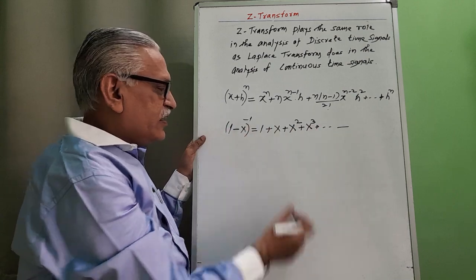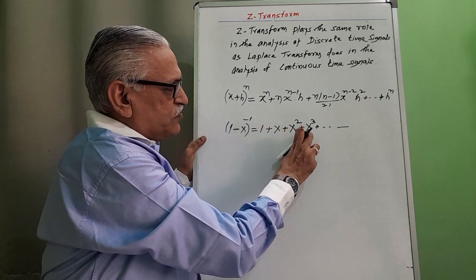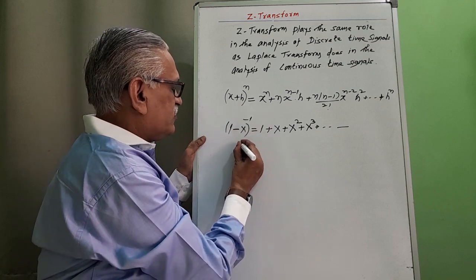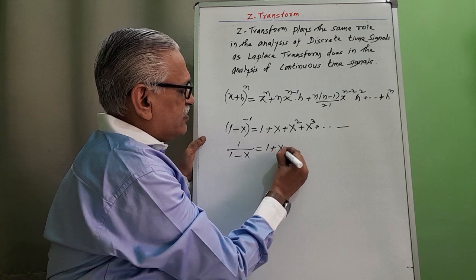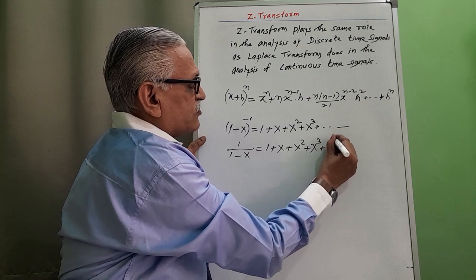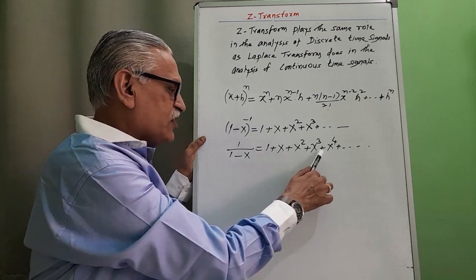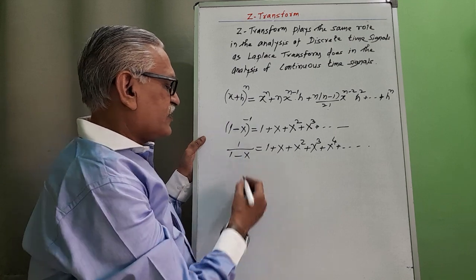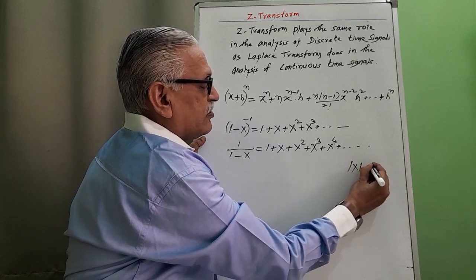We go in reverse way. If we have a sum of such type of terms, 1 plus x square plus x cube plus x raised to 4, and so on, that is nothing but (1 minus x) raised to minus 1, which is 1 upon 1 minus capital X, with the condition mod of x less than 1.